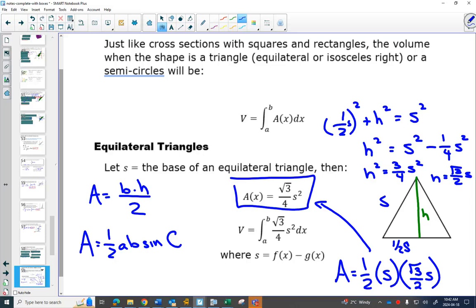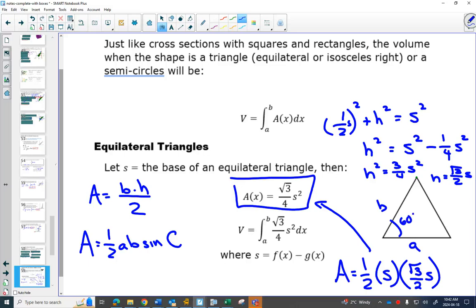You could also, just to review this formula, which by the looks of the blank faces meant that you forgot this 1/2 AB sine C formula. It's an area formula which uses 2 sides, A and B, and the angle in between them. So since this is an equilateral triangle, you would know this is 60 degrees.